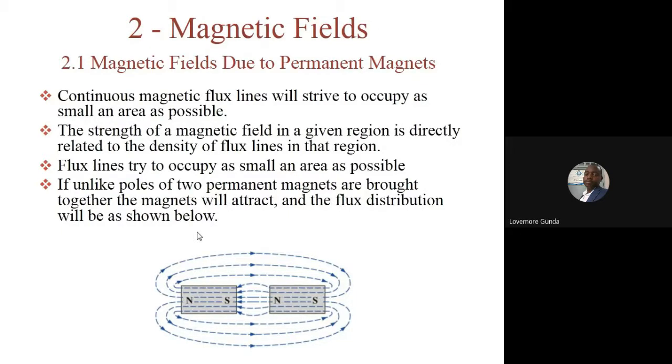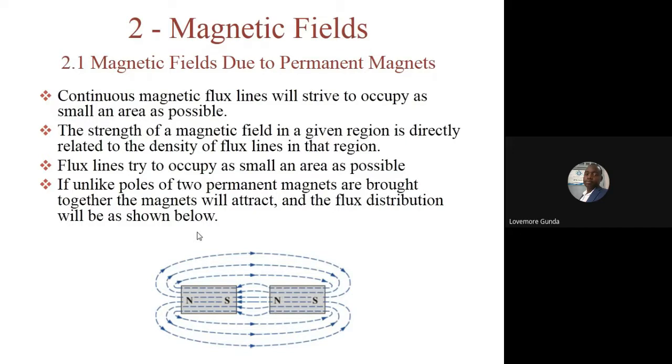And the strength of the field at any given point is determined by the density of the flux lines. Just the same as the electric flux lines, the strength at a point is determined by the density of the flux lines. The denser the flux lines, the stronger the field, right?